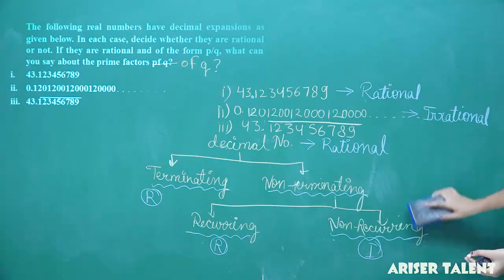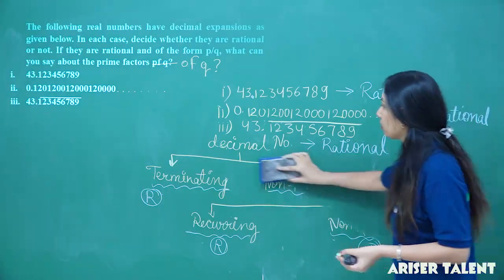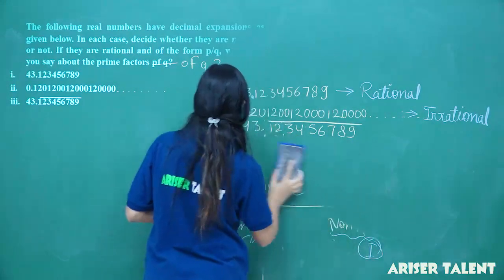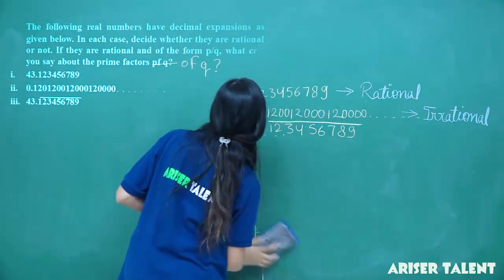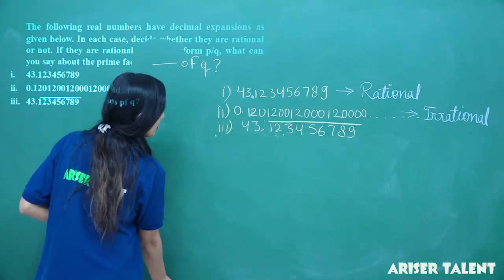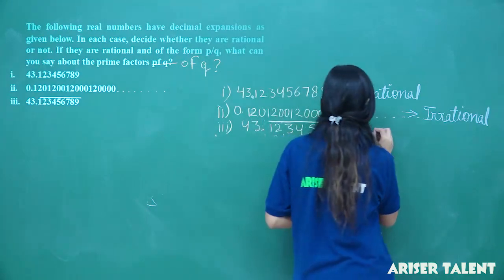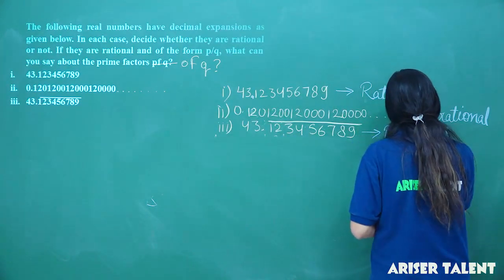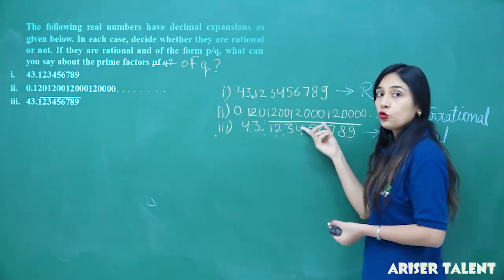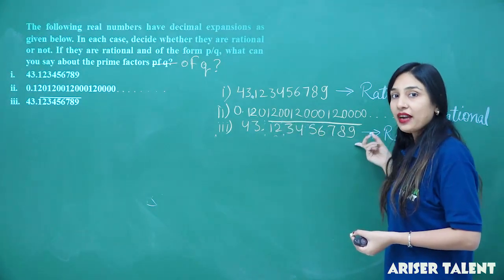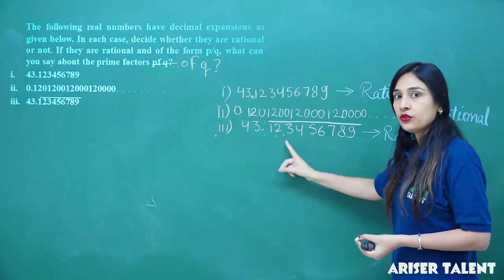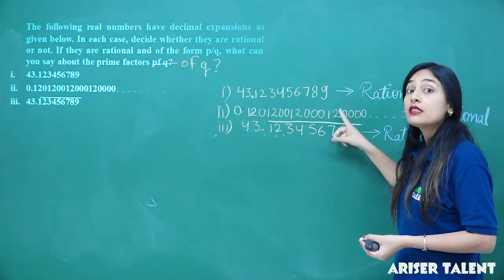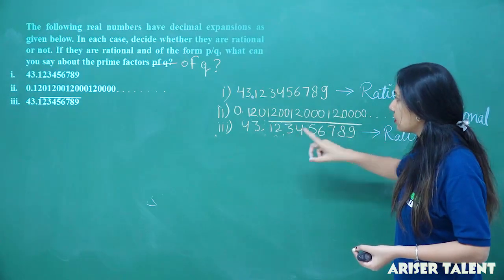I am rubbing this portion, this particular chart only. Now don't misunderstand this bar as a divide sign. This is a bar on 1 2 3 4 5 6 7 8 9. It has nothing to do with this term. Okay, this term is different, this term is different.